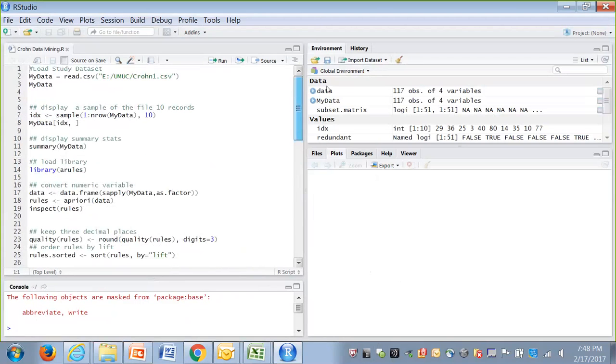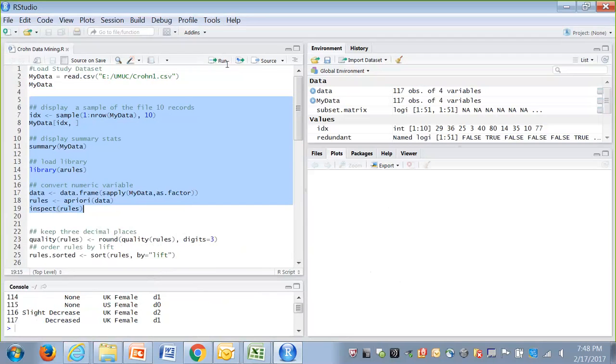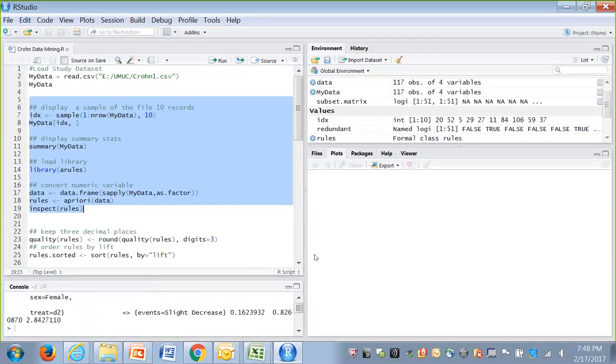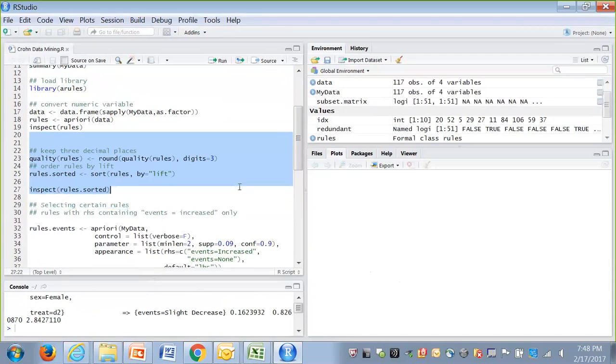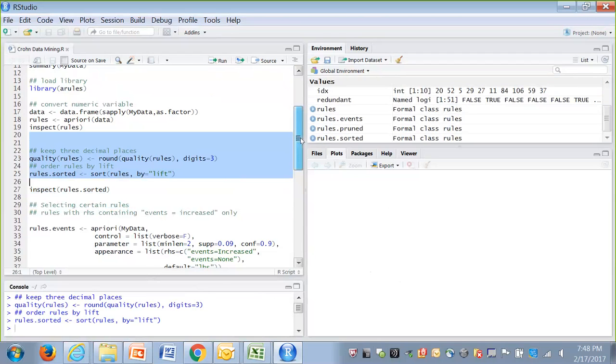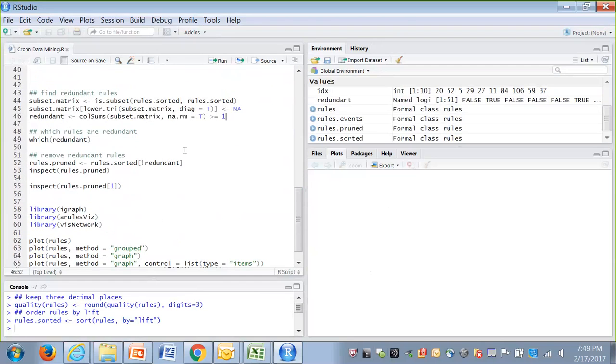So let's pull this here. Let's run all this. I'm not going to run the rules fence. Let's do our subset and run this.